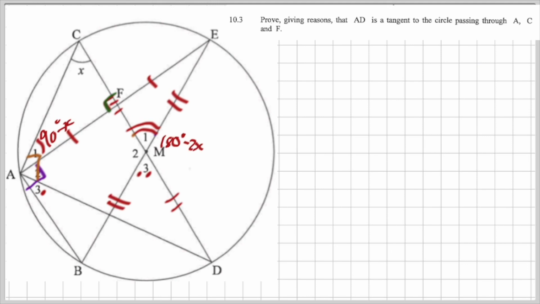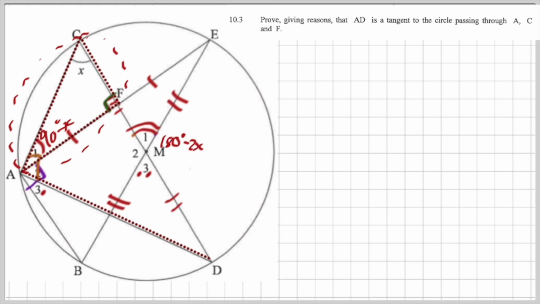Prove, giving reasons, that AD is a tangent to the circle passing through A, C, and F. Oh my goodness, ladies and gents, please don't tell me, oh, but AD is a chord, therefore it cannot be a tangent to a circle. That's not what we are asking. We are asking, is AD a tangent to that imaginary circle there?